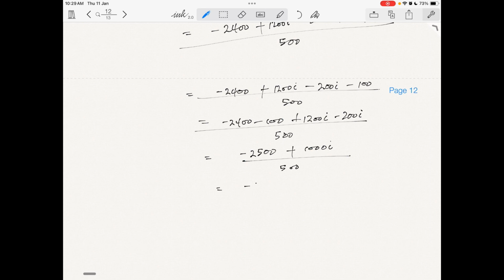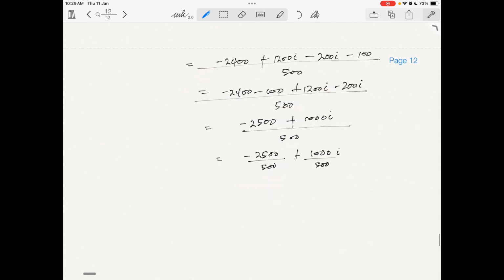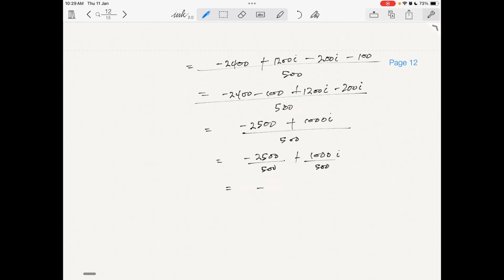So we have minus 2500 divided by 500 plus 1000i divided by 500. Minus 2500 divided by 500 gives us minus 5, and 1000 divided by 500 gives us 2i.